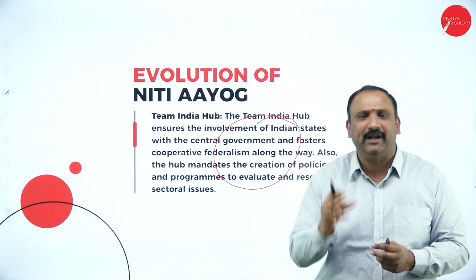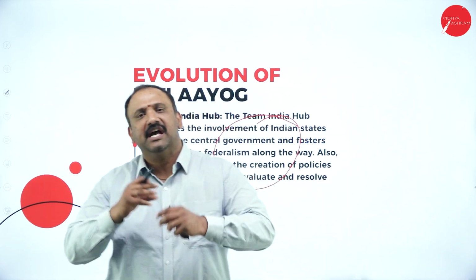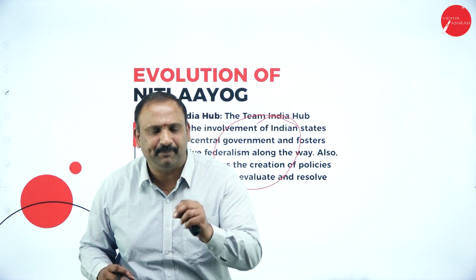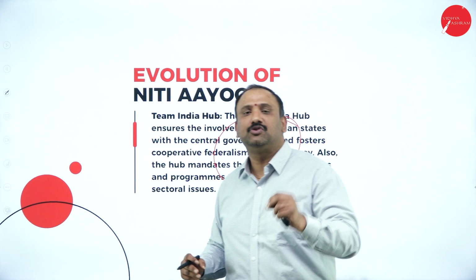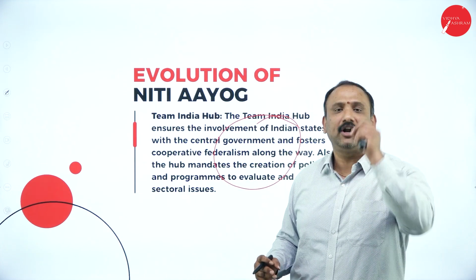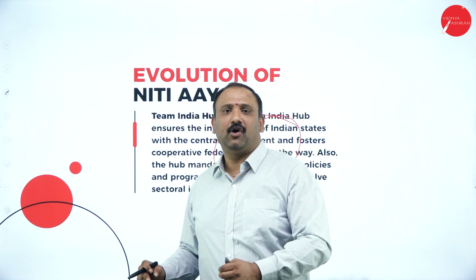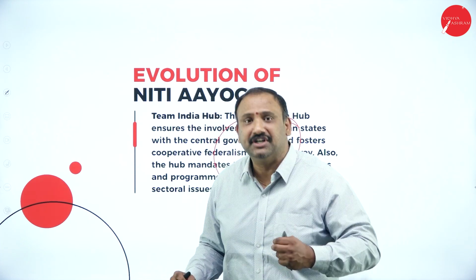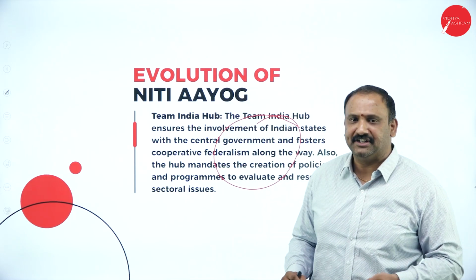The program is so well designed that we are going to include all the states, all the districts, so that everybody is able to benefit from it. So Niti Aayog's primary function is to build cooperation and not competition. That's where Niti Aayog stands as a primary organization which fosters cooperation among the 29 states.